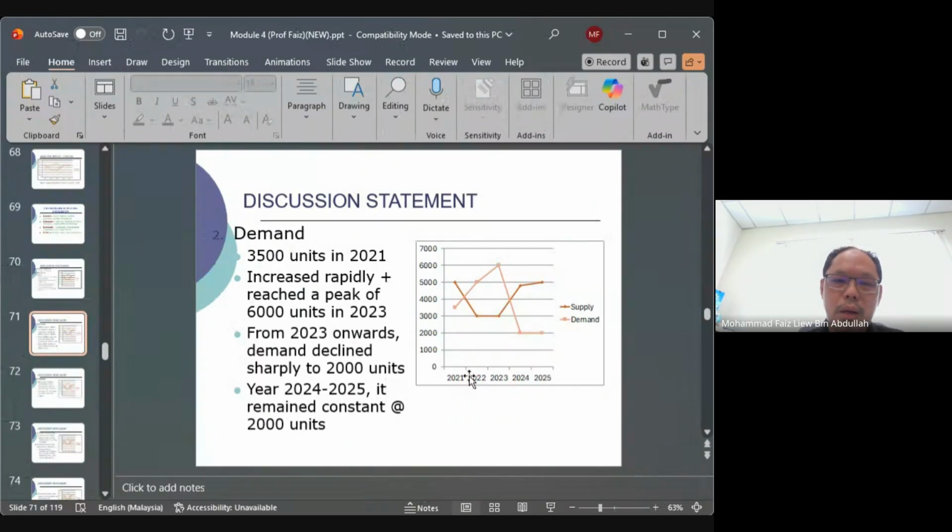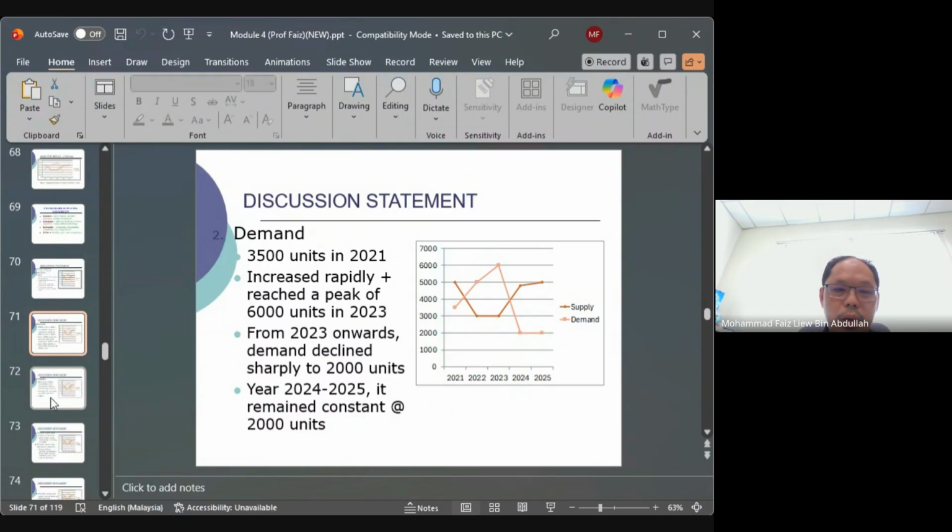You can see demand from 2021 at 3,500 units, and then it increased rapidly to 6,000 units in 2023. From 2023 onwards it declined to 2,000 units, and then in 2024 it stagnated at 2,000 units. So you can see it's elaborating more, focusing only on demand.